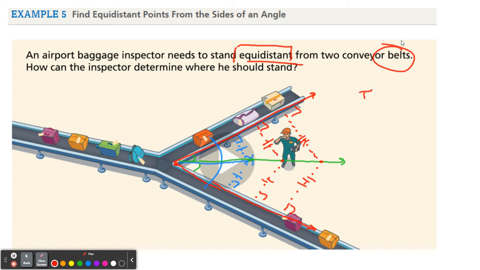So we should say the inspector should stand on what appears to be the angle bisector between the two belts.